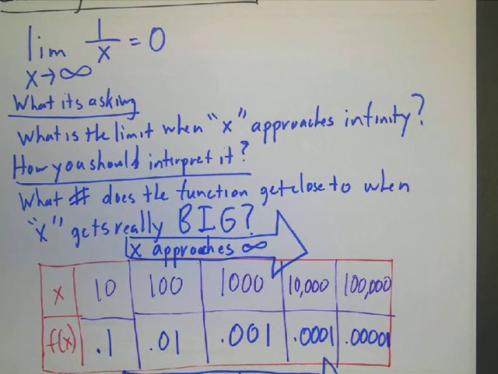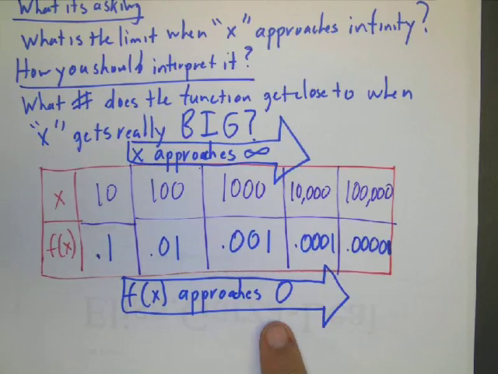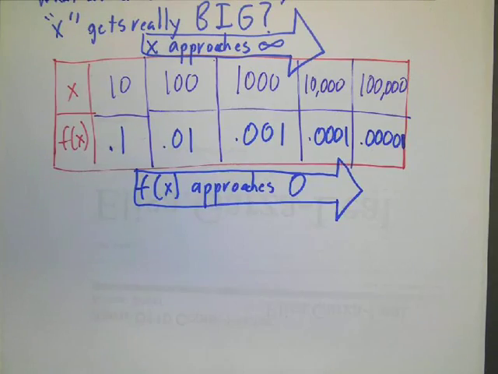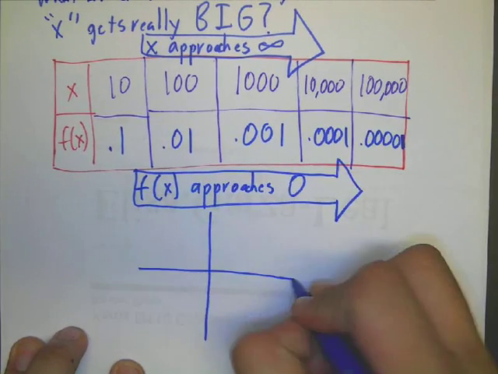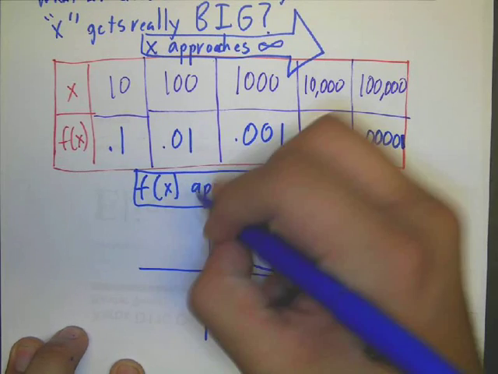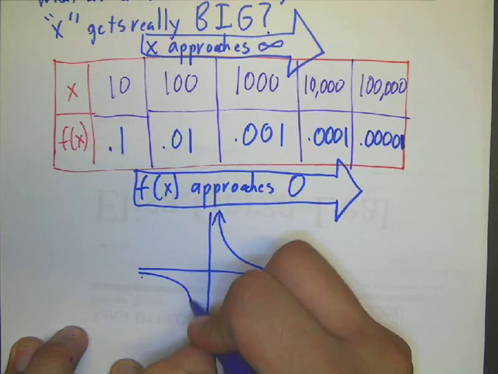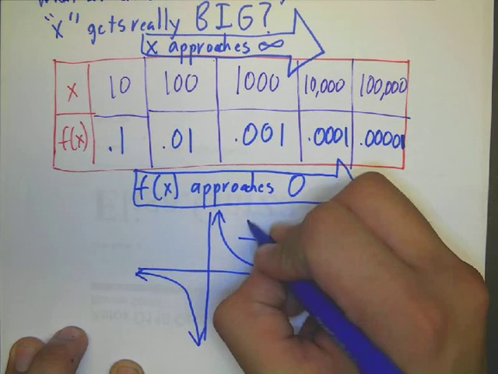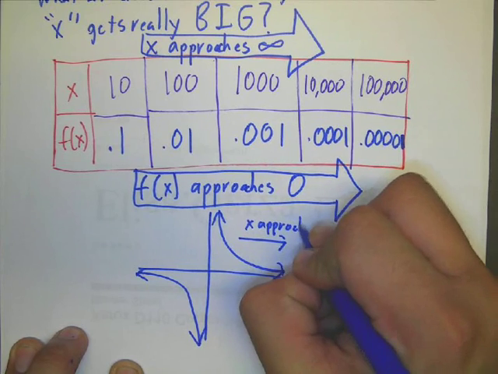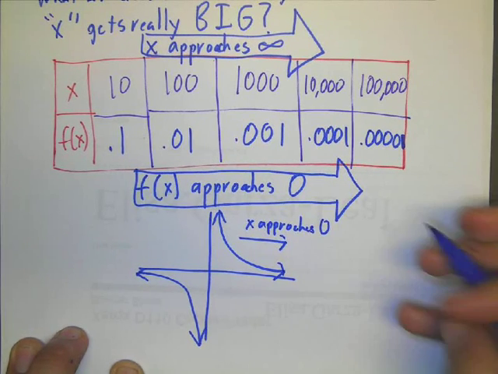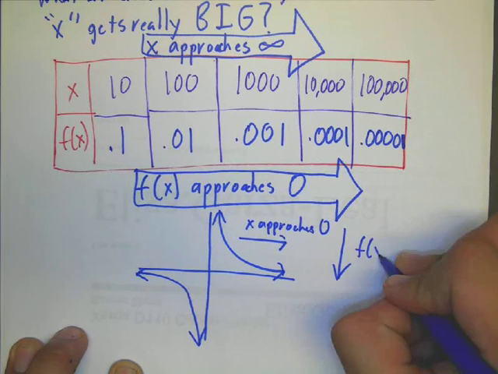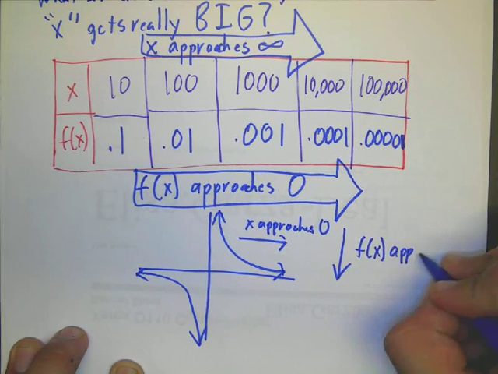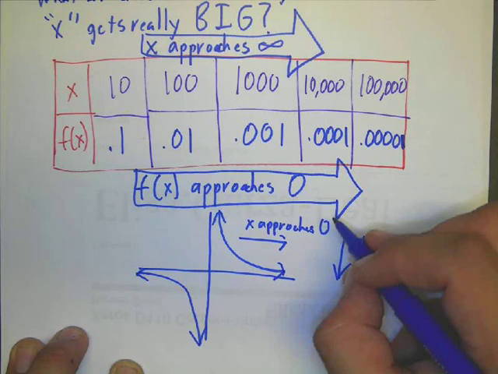And if we look at the picture of this function, as x gets larger, we can just see it in the picture, right?